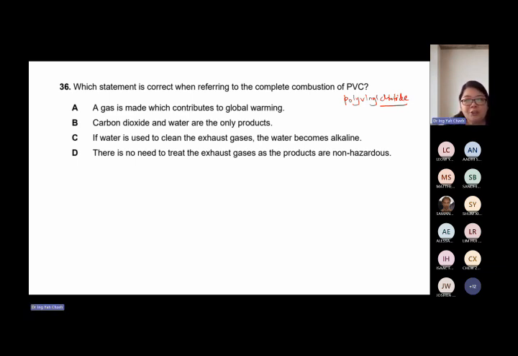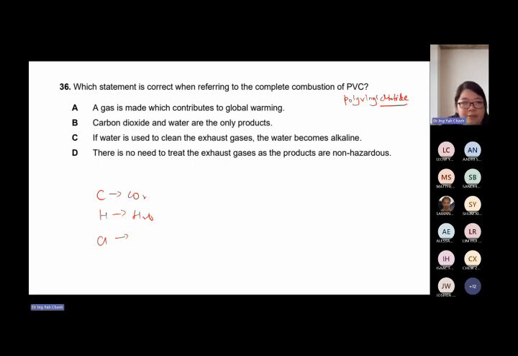So when you do combustion of any polymer which contains carbon, hydrogen and chlorine, what is produced from the carbon will be CO2, oxidation, right? Combustion. Hydrogen will form water. So you just imagine they all react with oxygen. But chlorine in the combustion does not react with the oxygen.